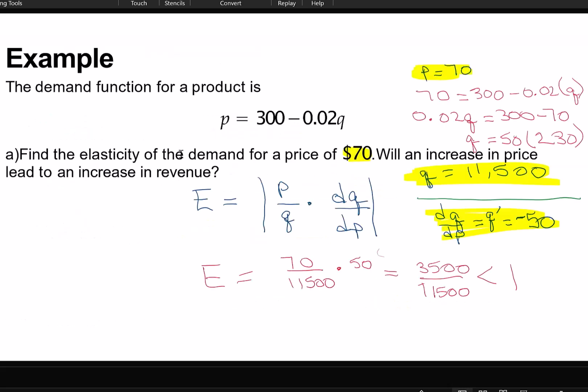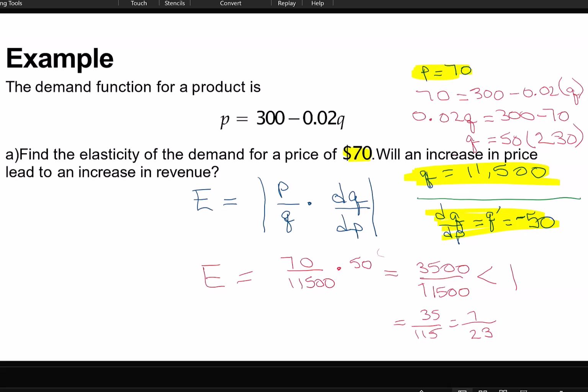Find the elasticity of the demand for a price of $70, equal to 35 over 115. You can use your calculator. Let's see, this is 7 over 23, which is obviously less than 1. Will an increase in price lead to an increase in revenue?